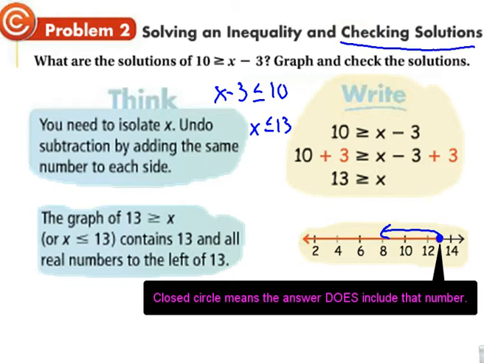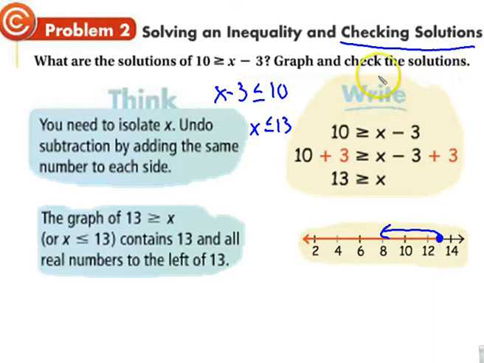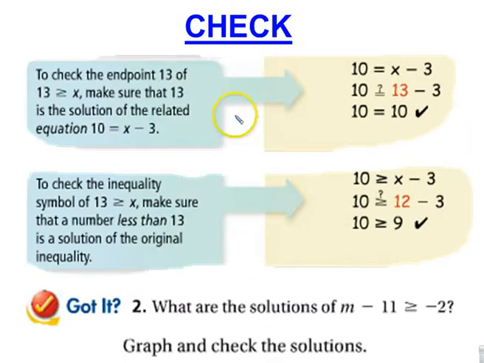Now, checking your solution. You have to do 2 things when checking. The first is to check the number itself. It tells us that x is less than or equal to 13, so we have to plug in the number 13. We plug it in, we work it out, we're good.